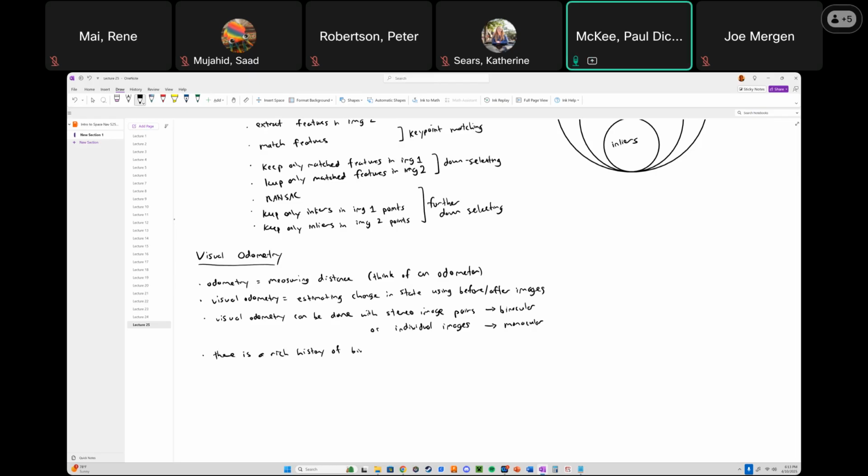There is a rich history of binocular visual odometry on Mars rovers. So we'll talk about that very briefly here, just because I think it's interesting, and then we'll move on to the actual math problem.